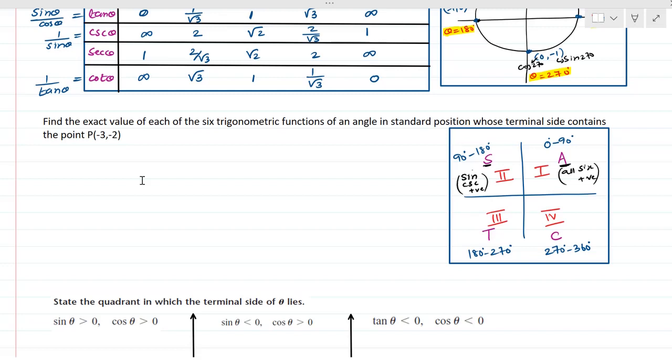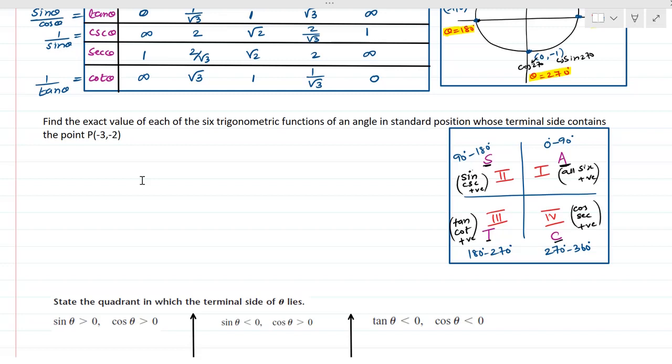In the second quadrant, S stands for sine and its reciprocal cosecant, which are the only positive ones. Third, T stands for tan and its reciprocal cotan, which are the only positive ones, and the remaining four are negative. Next, in the fourth quadrant, cosine and secant are positive, and the remaining four are negative.